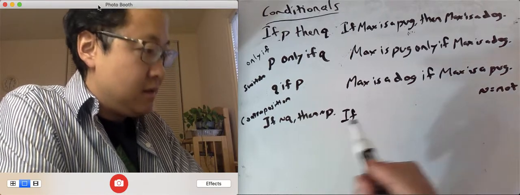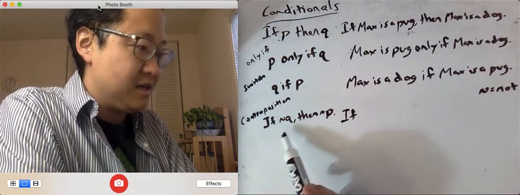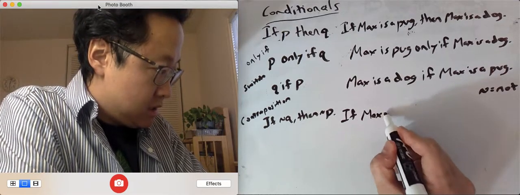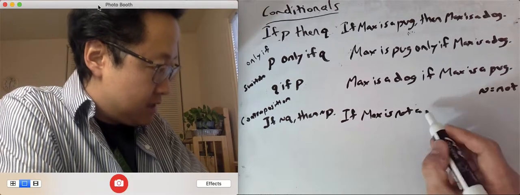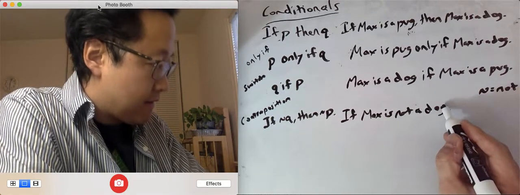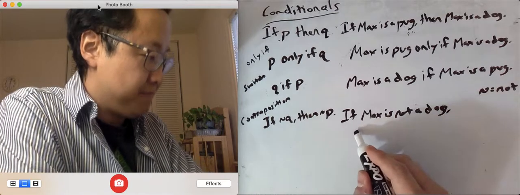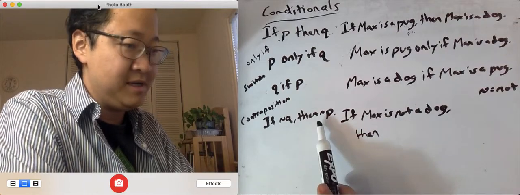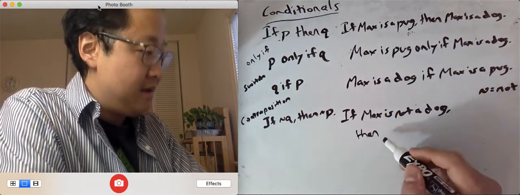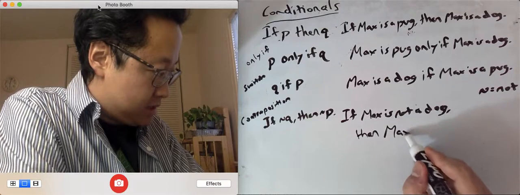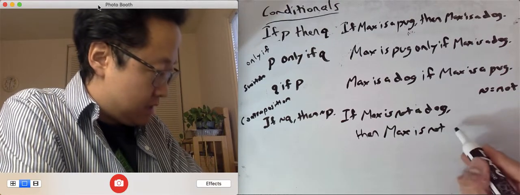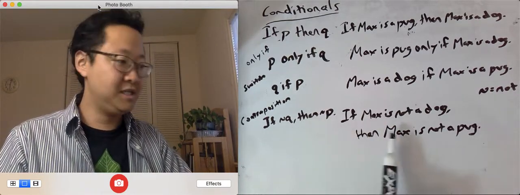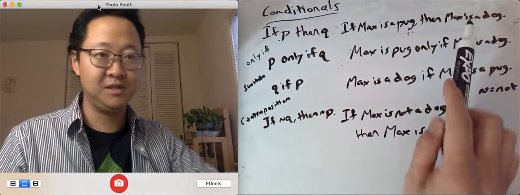If, well, Q is Max is a dog and we're negating it, so if Max is not a dog, okay, then, well, P is Max is a pug, we're doing negation, so then Max is not a pug. Okay. So this sentence is the contrapositive of this, or the contraposition of it.